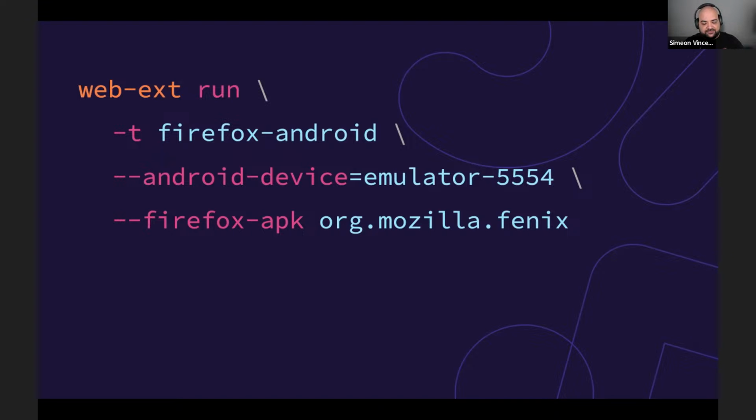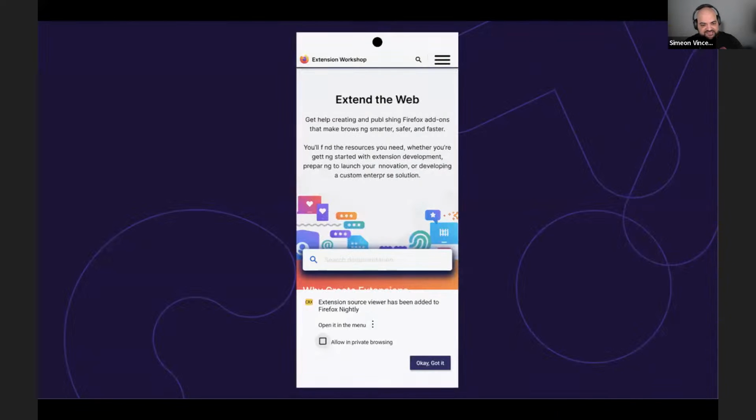So in my case, I had both Firefox Nightly and Firefox Standard installed. So I needed to specify org.mozilla.firefox in order to get my extension running in Firefox. Next, on the device itself, this is what you will see.